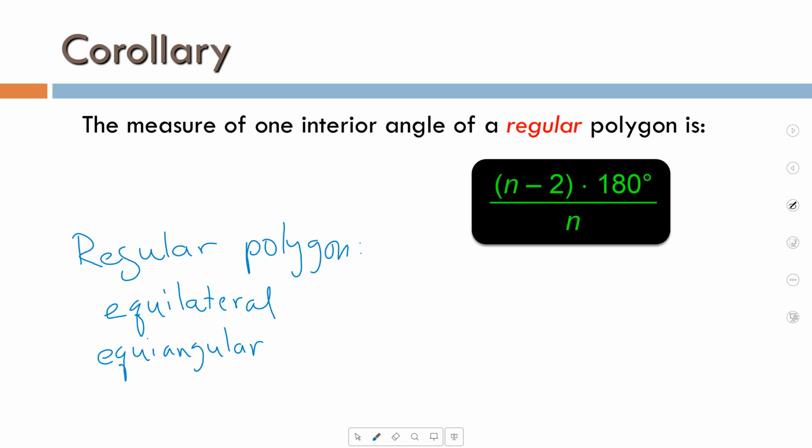Equa, again, meaning equal, angular meaning... What does angular mean? Angles, thank you. These two things combined make a regular polygon.